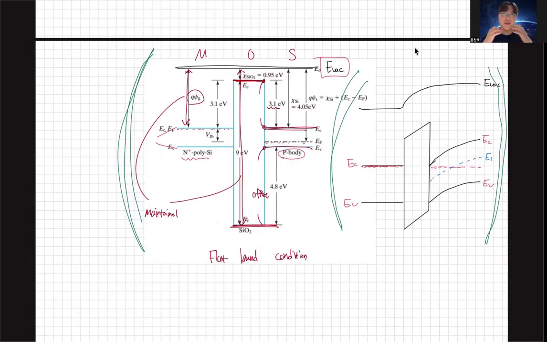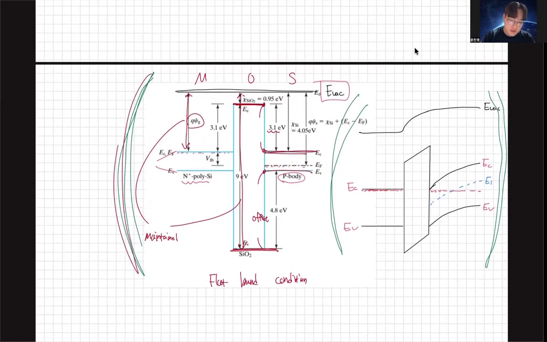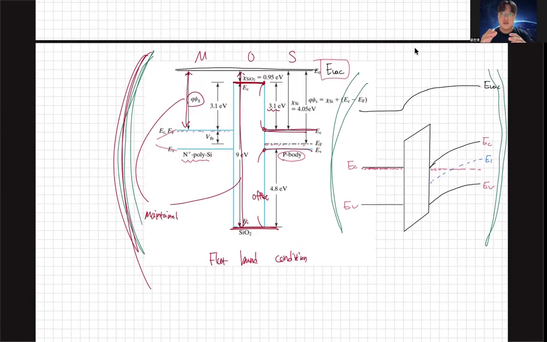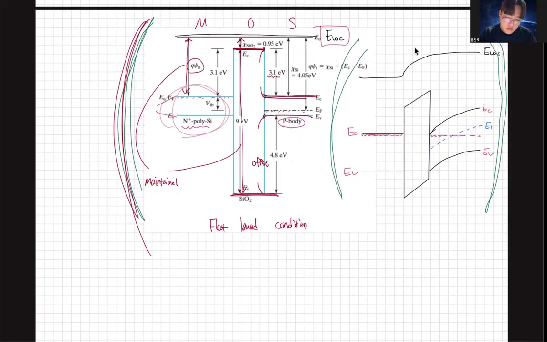But now I'm going to tell you simply that if the band diagram looks like this, we can notice this is the flat band condition, and we use the polysilicon here.